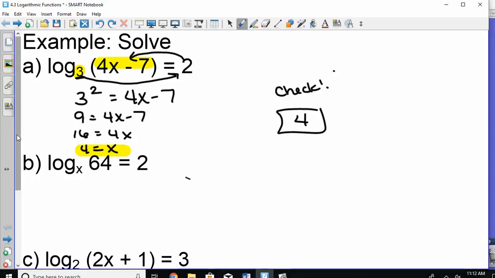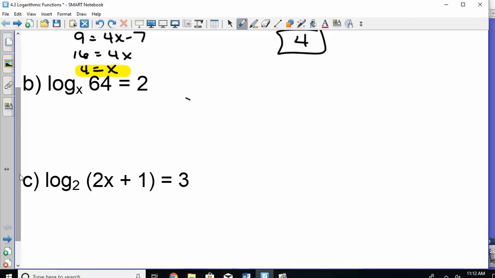Let's look at B. So how would I write this one? Okay. To the second equals 64. How do you get rid of a square?